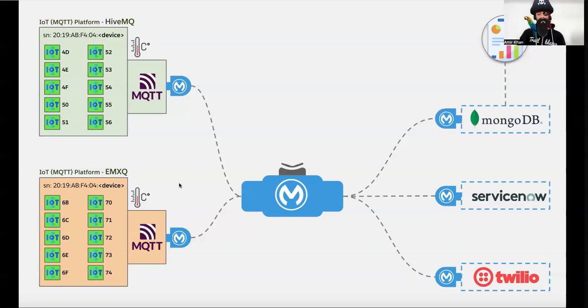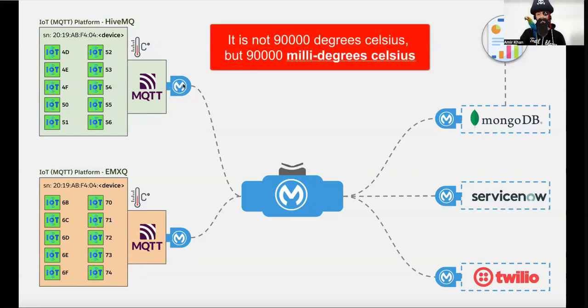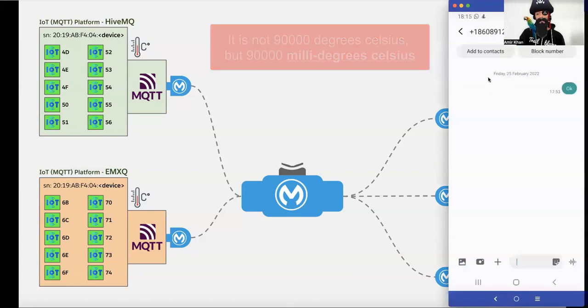The second one was: if on one of those devices we have a temperature increase higher than 90,000 degrees Celsius, an SMS via Twilio is going to be sent out to this mobile device.